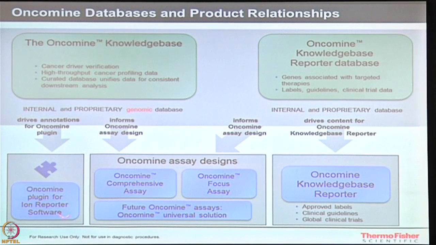You have certain databases, certain cancer drivers that are available, which are verified and studied by researchers. The same database we have generated over here is called the Oncomine Knowledge Base Reporter database. It has all the curated, studied information about genes and the targeted therapies or drugs that are utilized for treating cancer. And with that, you have an interface called the Oncomine Knowledge Base Reporter interface.